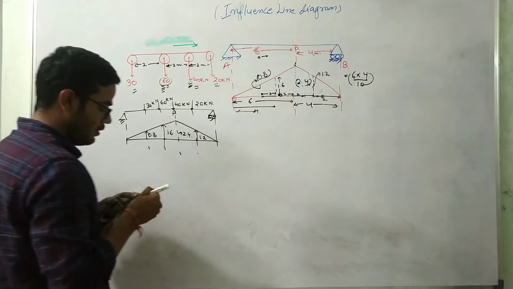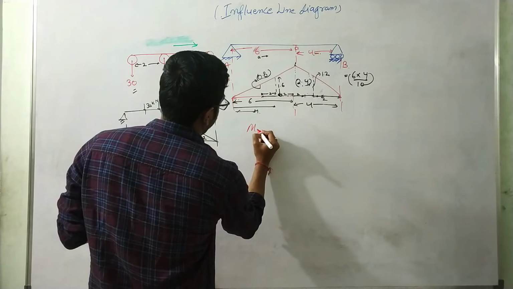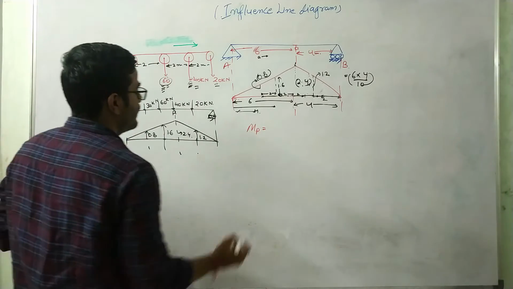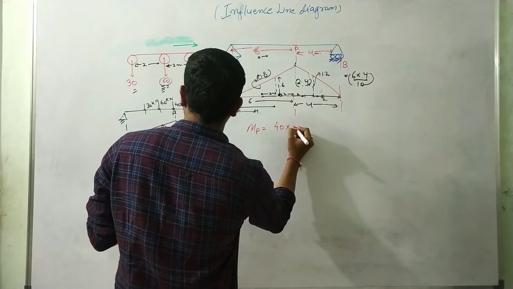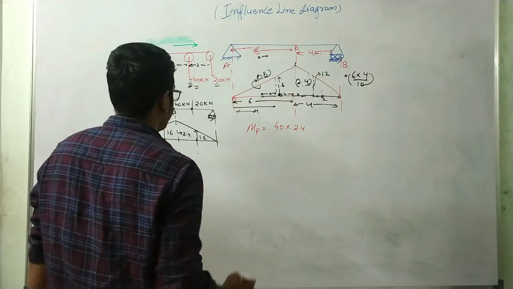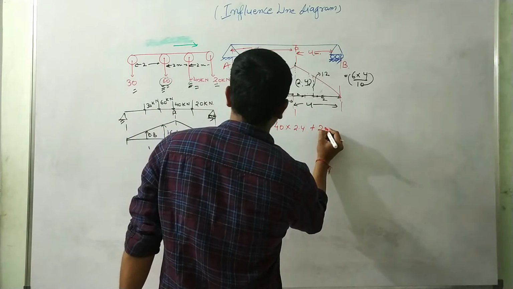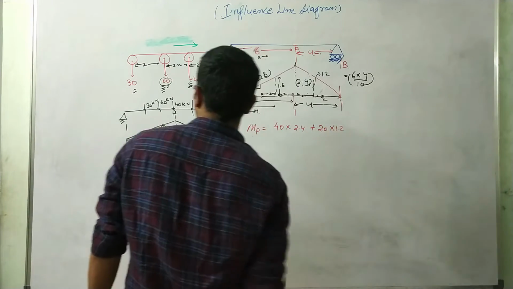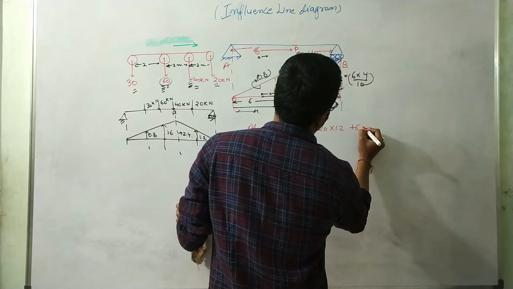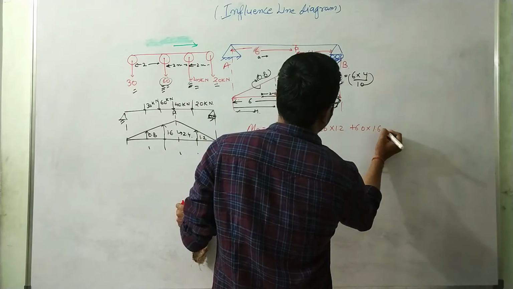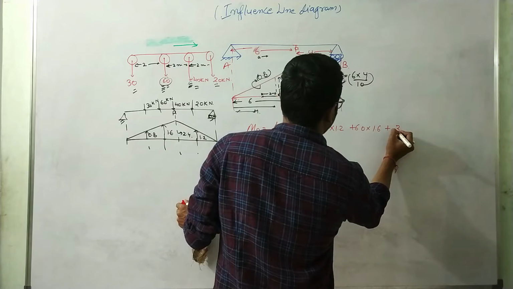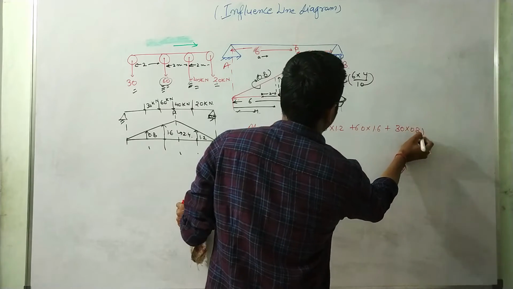So for the MP value, first we'll have 40 into 2.4, then we will have 20 into 1.2 plus 60 into 1.6 plus 30 into 0.8.